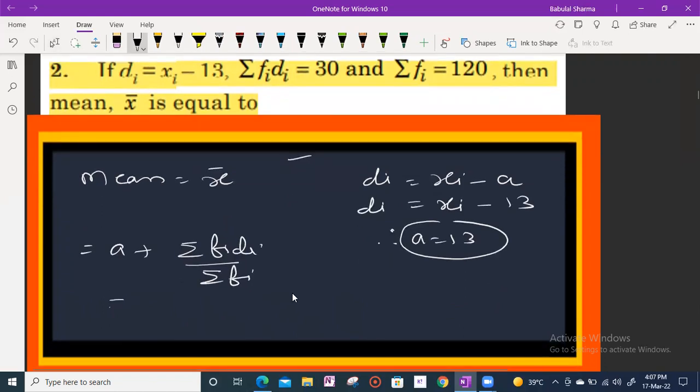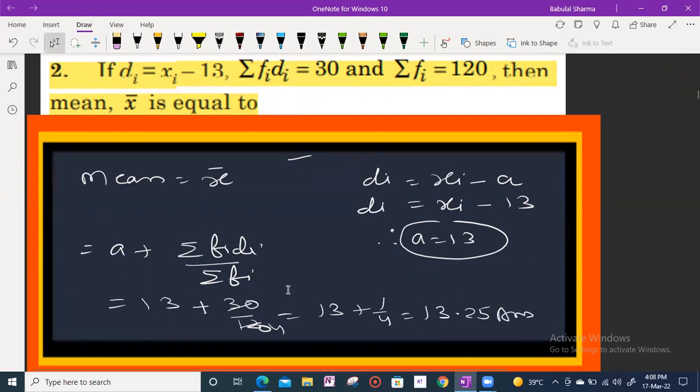This is equal to 13 plus 30 upon 120, that is 13 plus 1 by 4. So 13.25 is the correct answer.